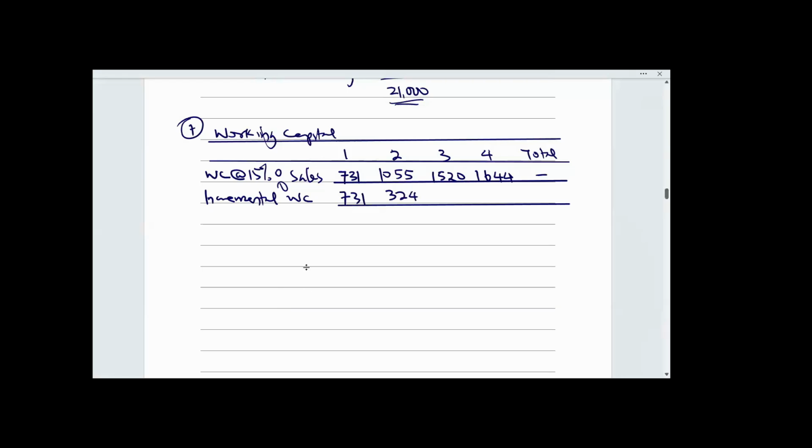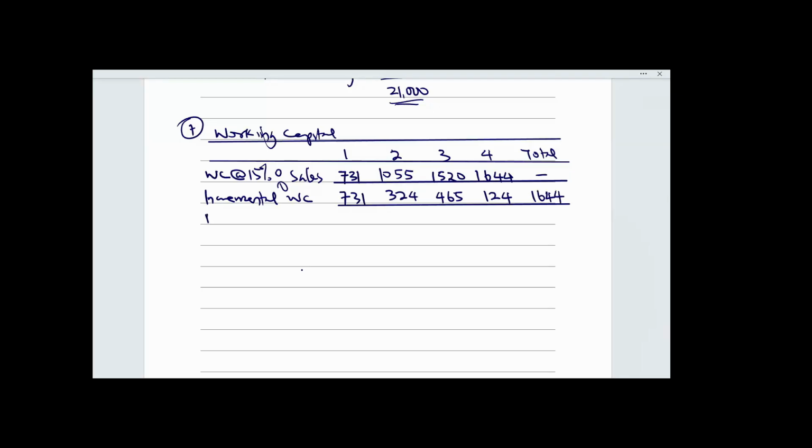Again, 1055 has increased to 1520. What's the difference? 465. 1520 has increased to 1644. What's the difference? 124. 1644 has then decreased to 0.